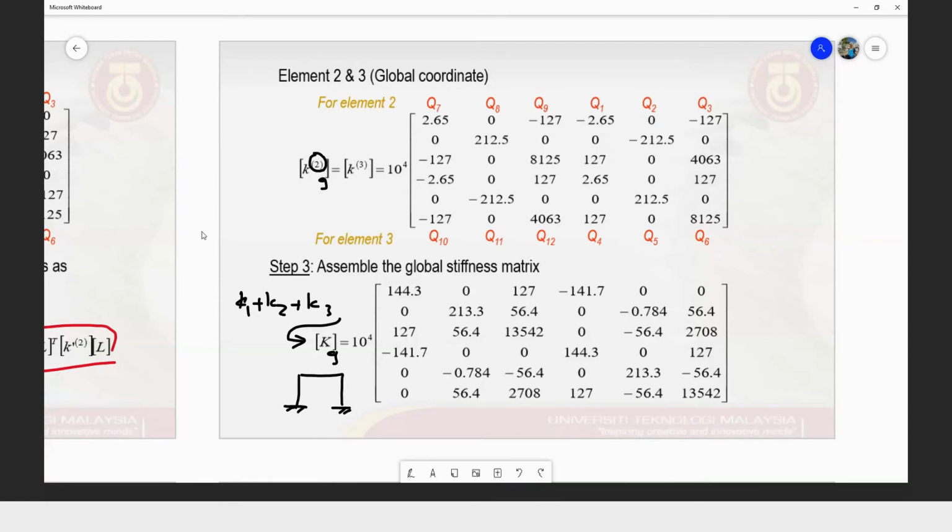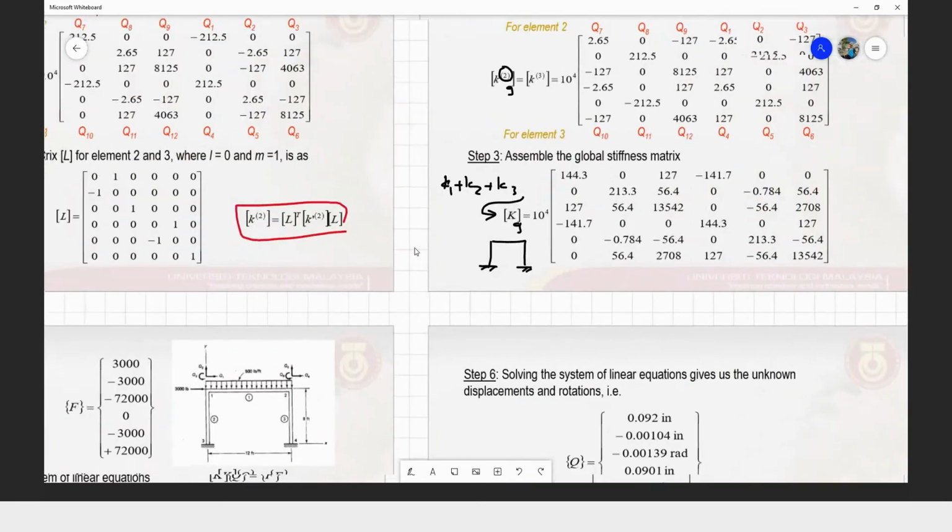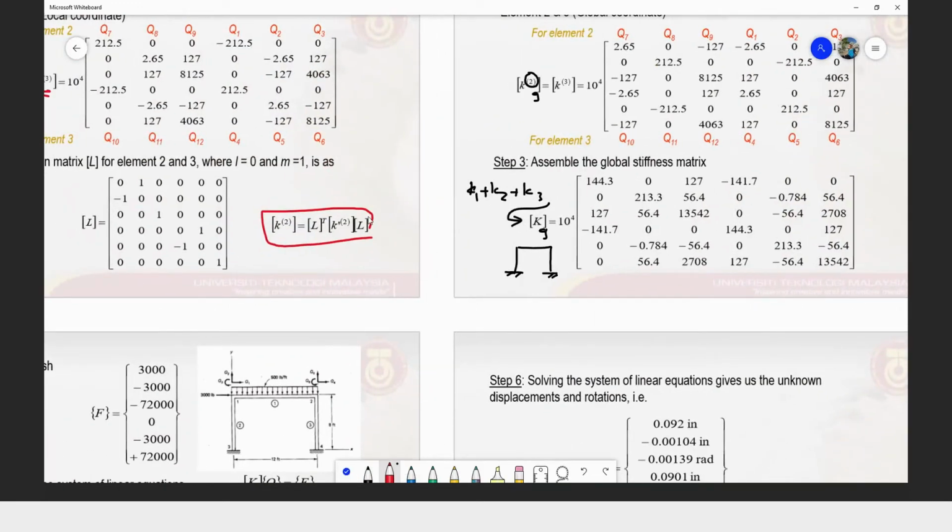Alright, now this process here will consume so much time, and it's also prone to error. You may face so much error here, because we want to multiply this with this element, and you can imagine you have so many elements.